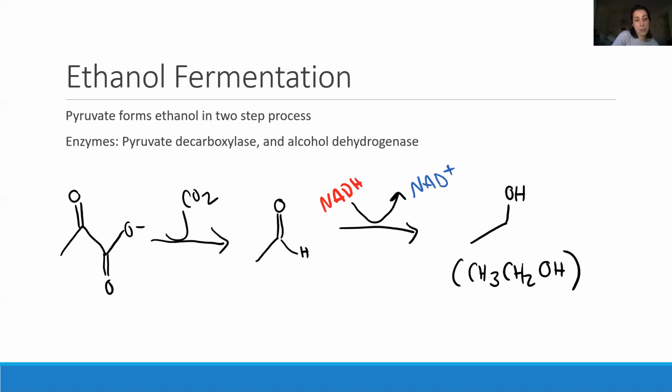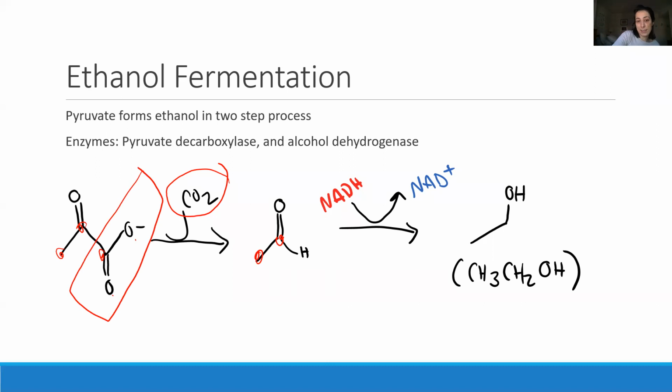So we actually take pyruvate and break off a carbon in the form of CO2. So it goes from a 3-carbon molecule, you can see, and then it actually breaks off this whole portion here. In doing this, it takes, you can see, 2 oxygens and a carbon, so we make CO2, leaving behind this 2-carbon molecule.